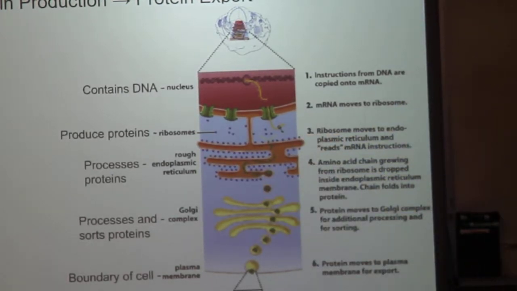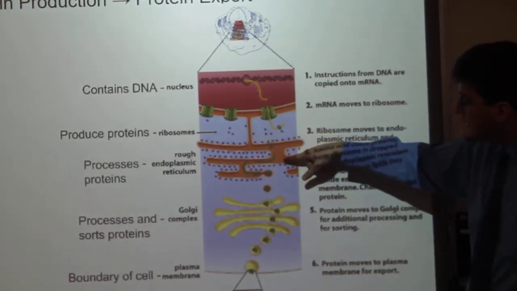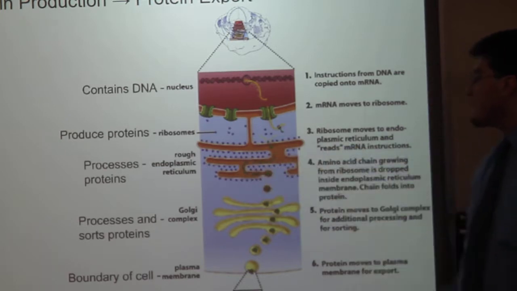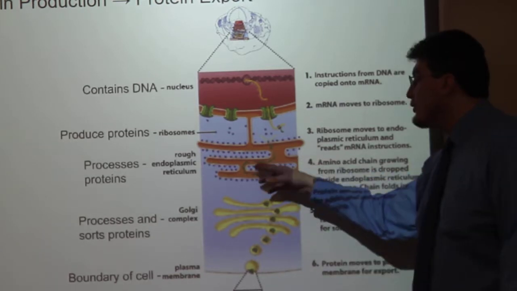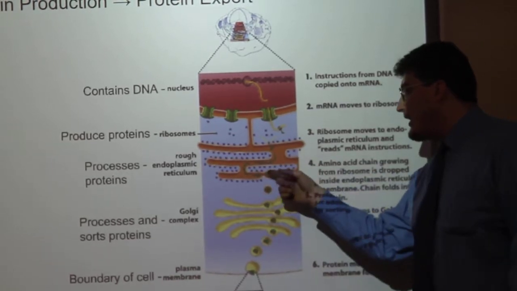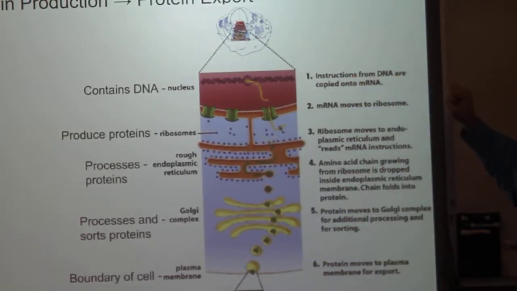Now, if that polypeptide is excreted into the endoplasmic reticulum space, it will go through this process, and there will be some post-translational modification occurring as this moves, and it will be moved to a cisternae, and then a vesicle will be pinched off.